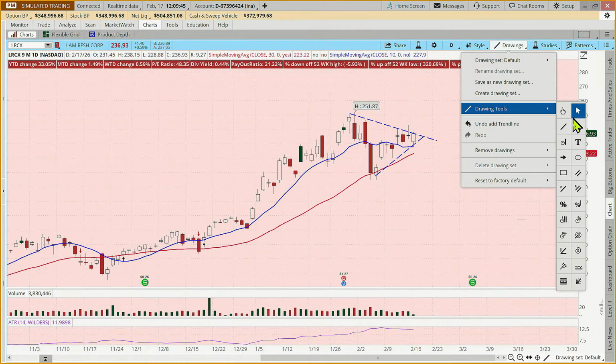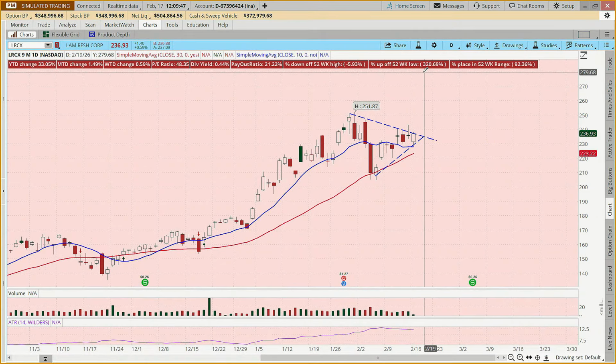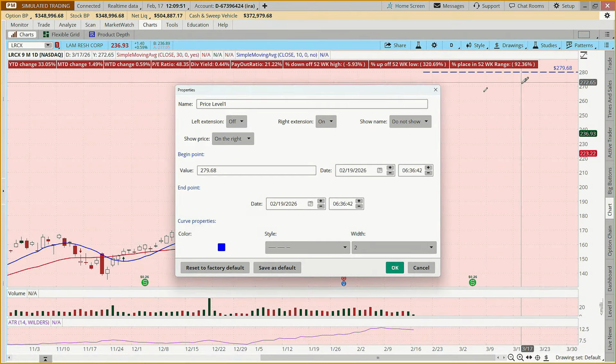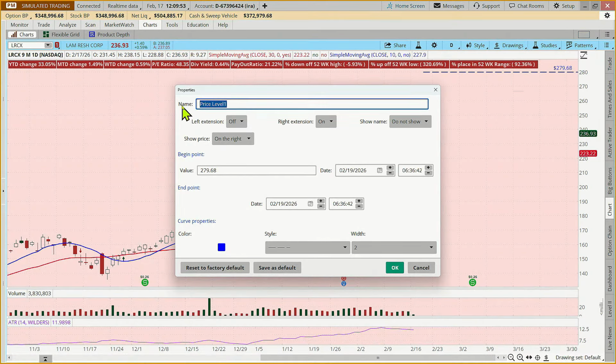So we could do it that way also. We don't have to do it as a swing trade. This could be our pennant target.